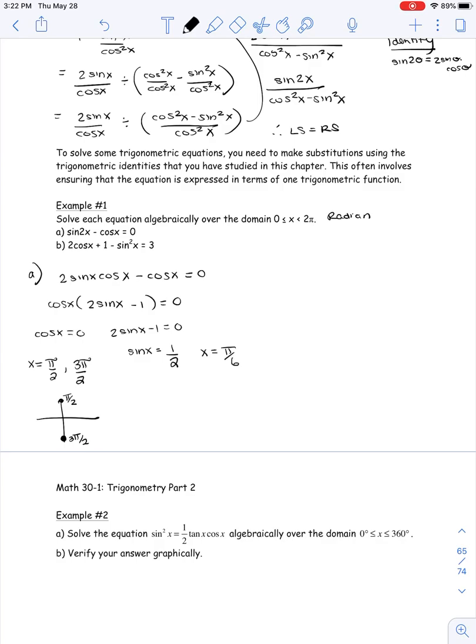We want to know where sine is positive. Sine is positive in quadrant 1 and in quadrant 2. So in quadrant 1, the answer will be pi over 6.